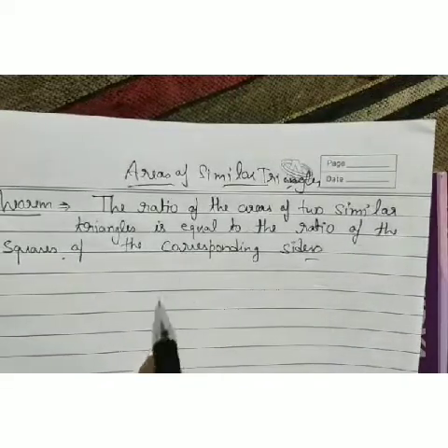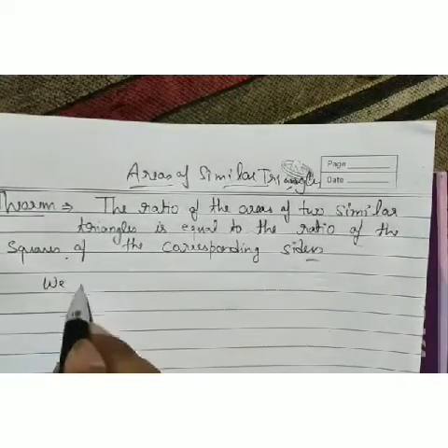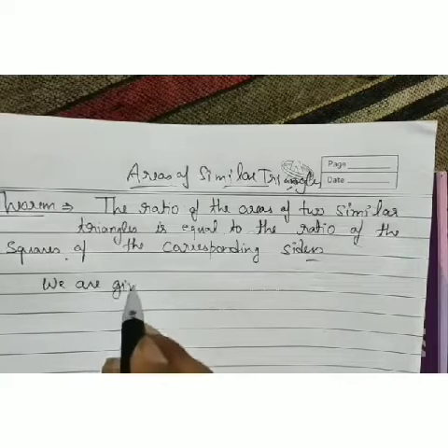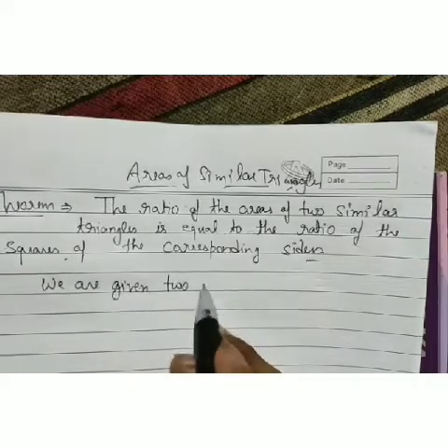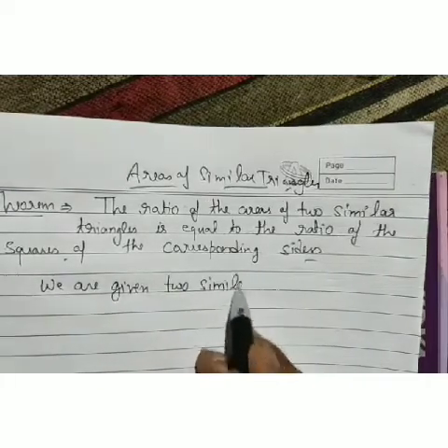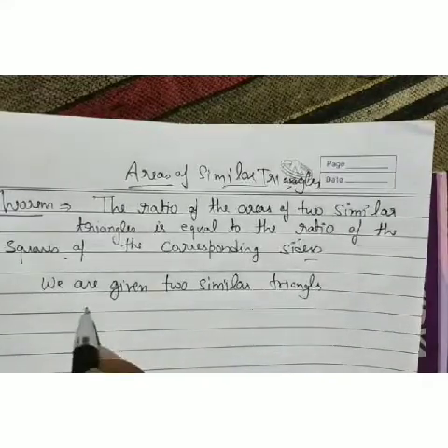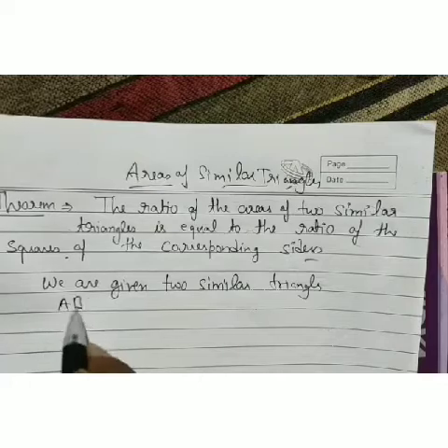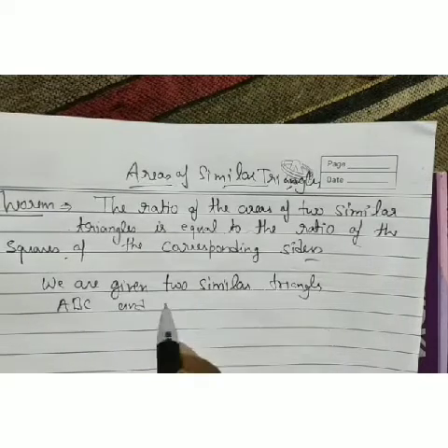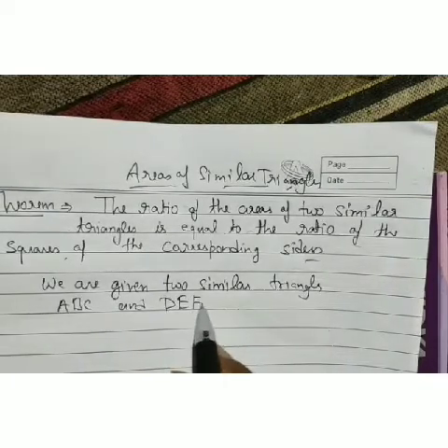Now, what are we given? We are given two similar triangles. Let's suppose one of the triangles is ABC and the second one is DEF.